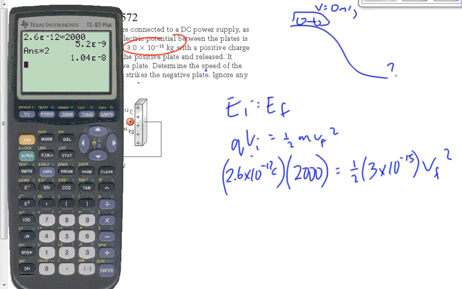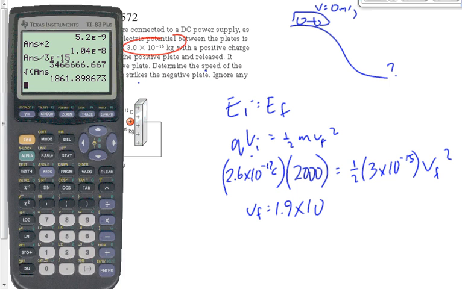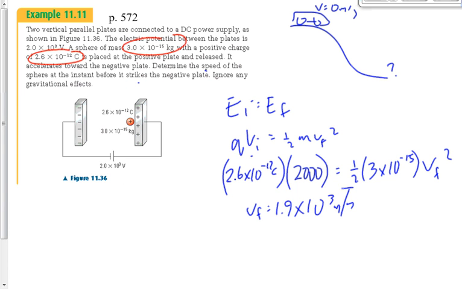We're going to divide it by 3 times 10 to the negative 15. And we're going to square root that. We end up with 1.86. We're going to round it to 2 digits, so it's going to be 1.9 times 10 to the 3 meters per second. Is that okay?